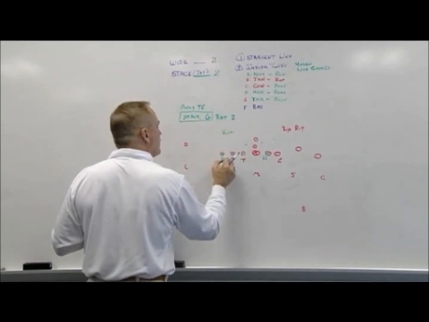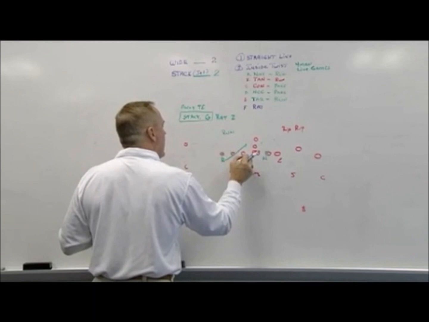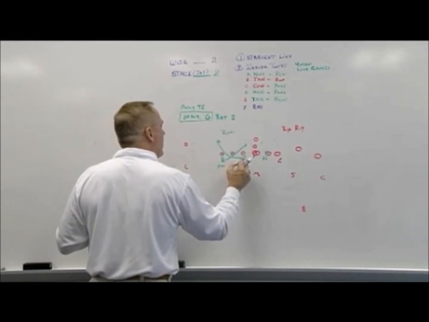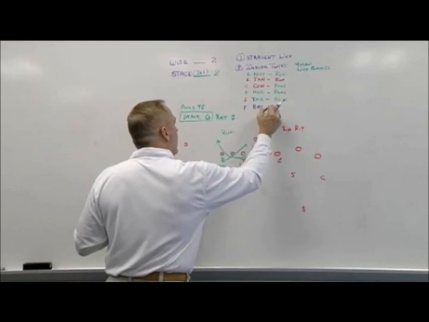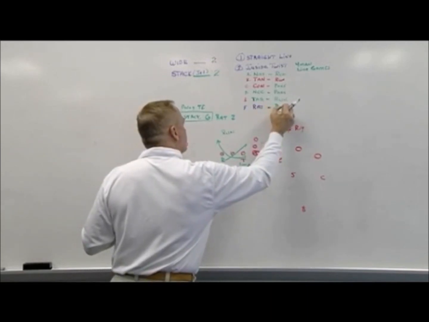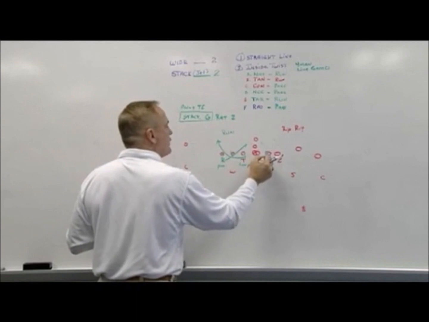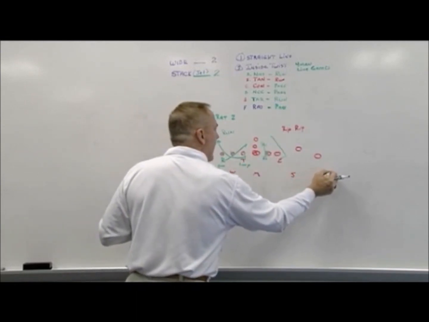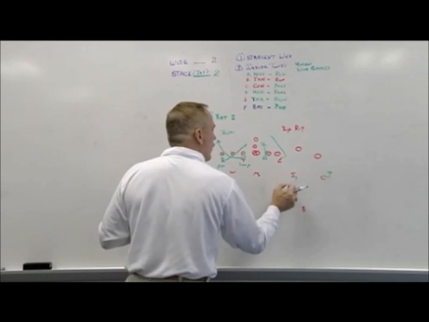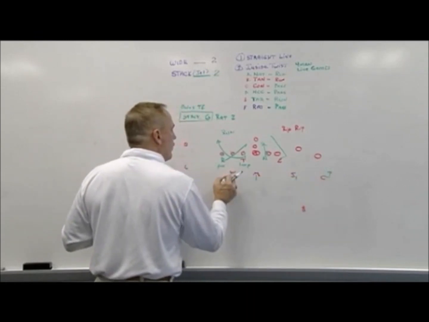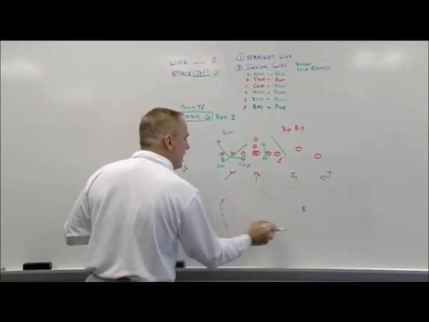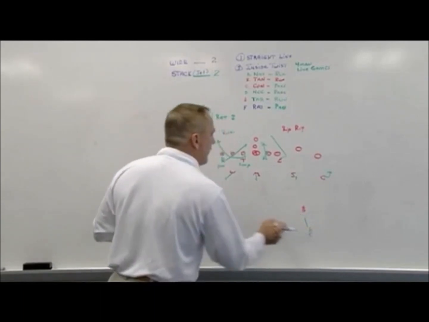Rat means the rush is first. The tackle loops. So he is the penetrator. He is the looper. And I like that versus a pass. The coverage is cover 2. In cover 2, we're flat, we're curl, we're hook, we're curl, we're flat, we're deep half, and we're deep half.